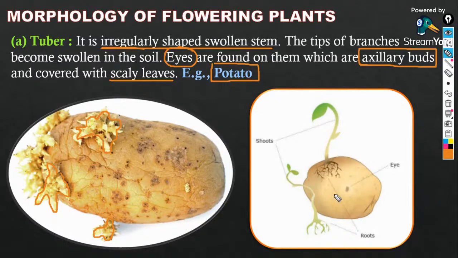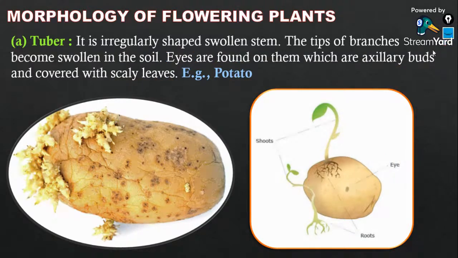Right? So guys, look, there are certain structures called eyes, which are actually the axillary buds. The new plants will arise. This will develop roots, and finally it grows into a new plant. So for vegetative reproduction also, you will use the tuber as a structure. So what is a tuber? It is an irregularly shaped swollen stem which is used for the storage of food.